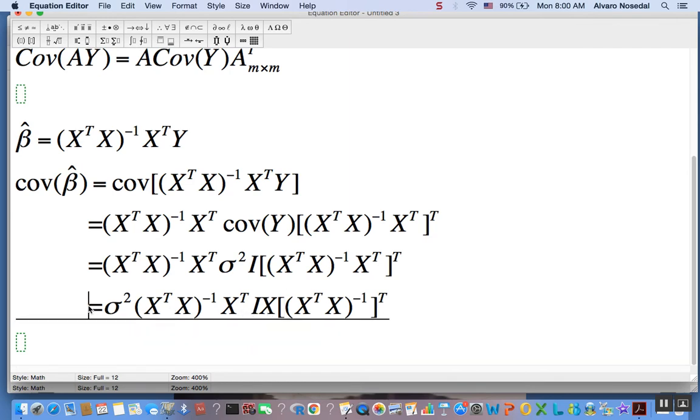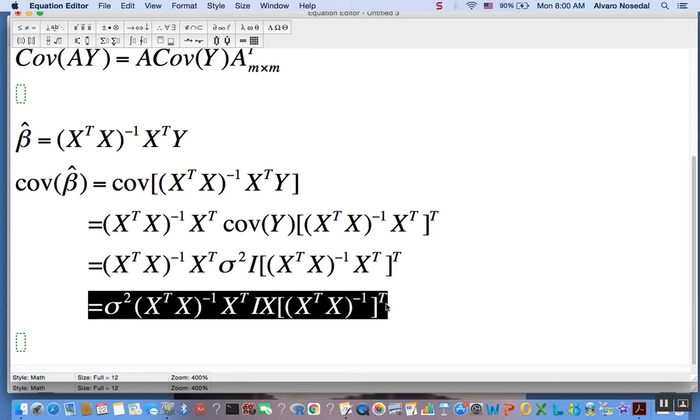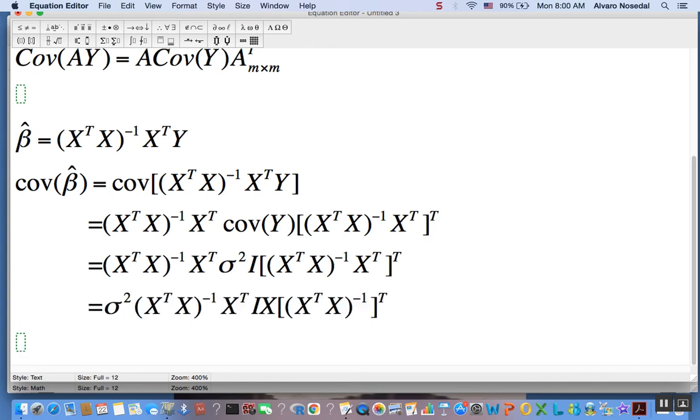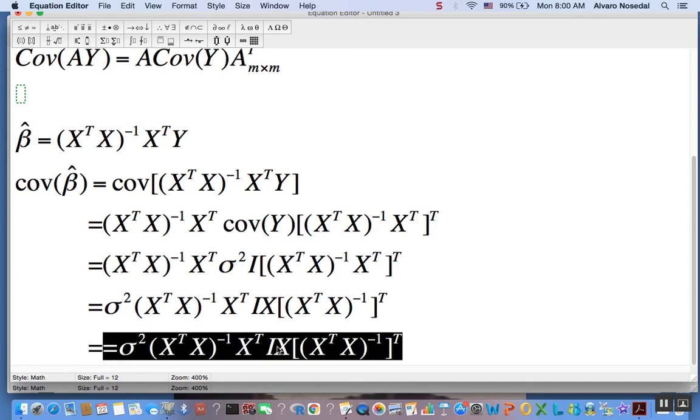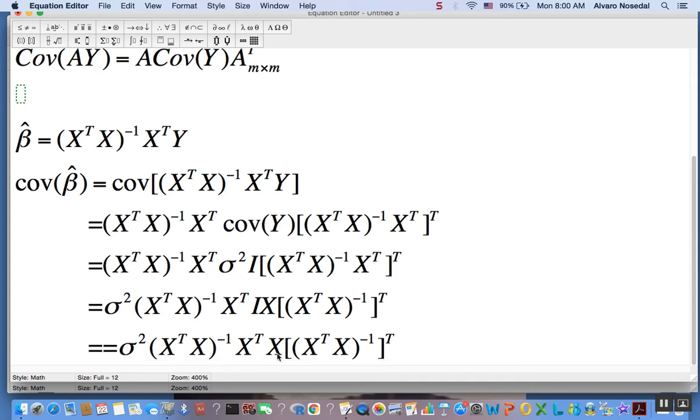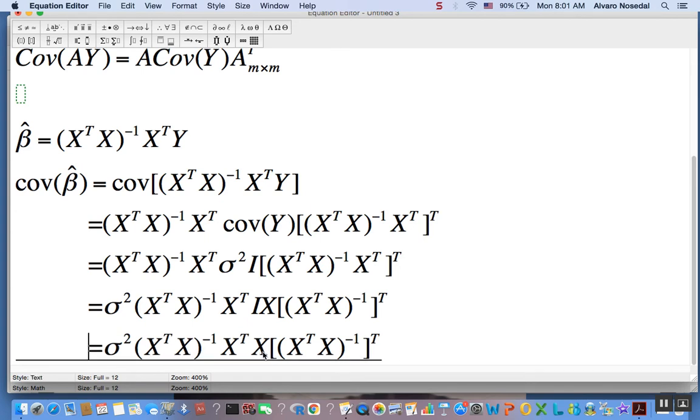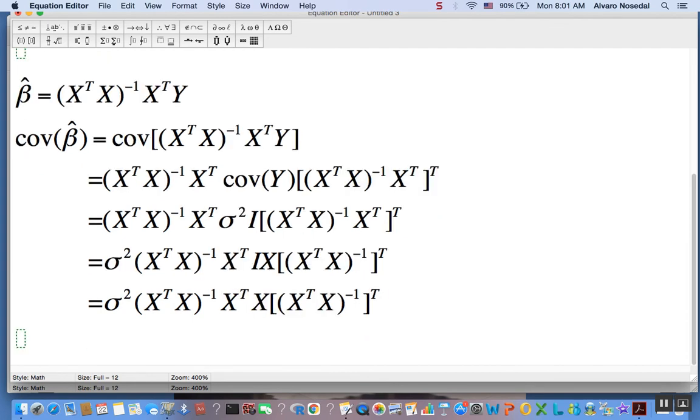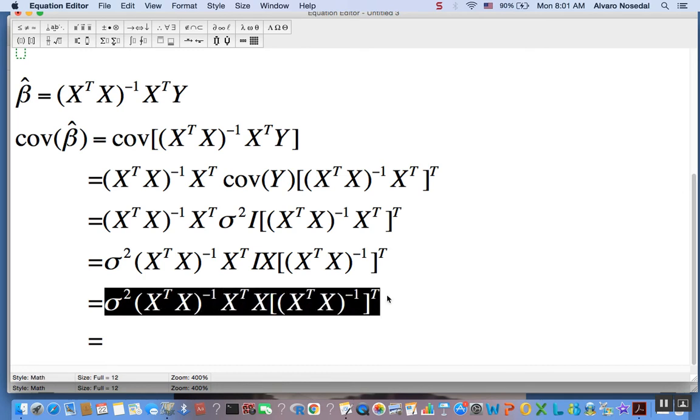So what we have on the next line is just this. But then X transpose X times X transpose X inverse, this product will be just the identity matrix. Okay? So what we have here is sigma square times the identity times that.